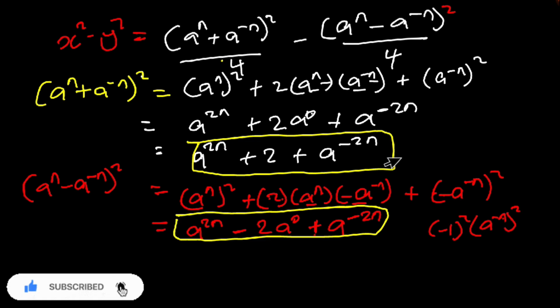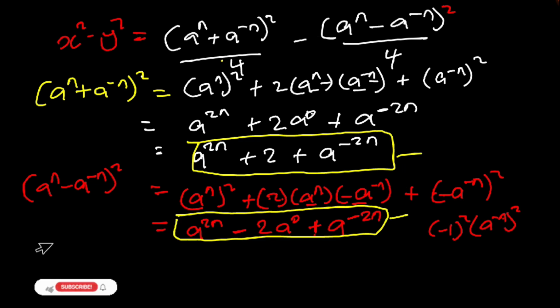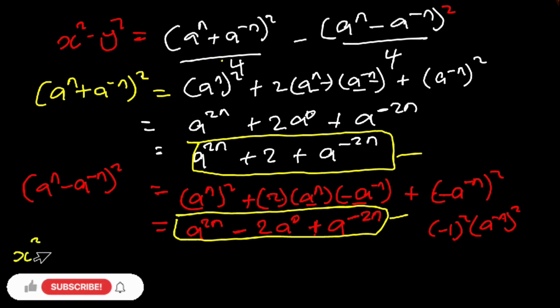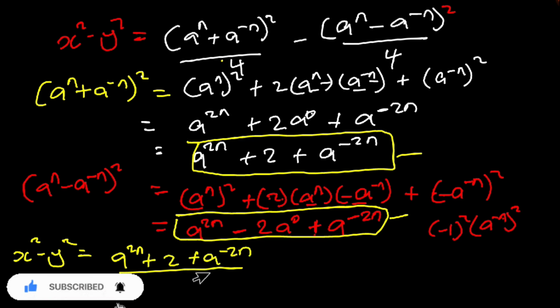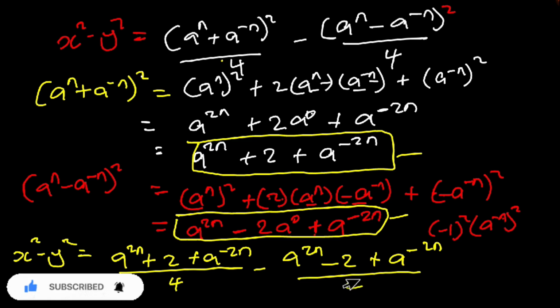Let's now substitute this and this for x squared and y squared respectively. So this x square minus y square is now going to be, we have a raised power 2n plus 2 plus a raised power negative 2n then over 4 then minus a raised power 2n then minus, this is 2 times a raised power 0. A raised power 0 is 1, so we are left with only 2 then plus a raised power negative 2n then over 4.